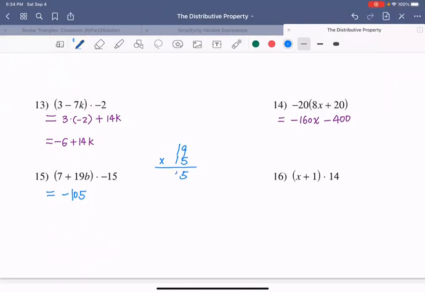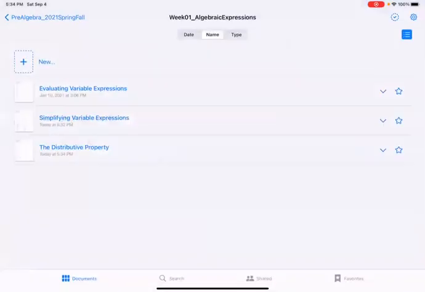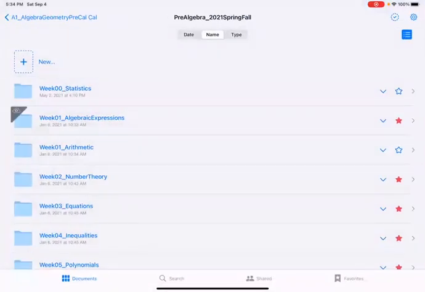What number do you put here? 9. Good job. And then next layer, it's 19. Good. And then you add it, so it's 285. Very good. So here you write down -285b.